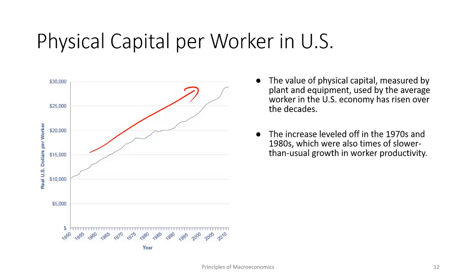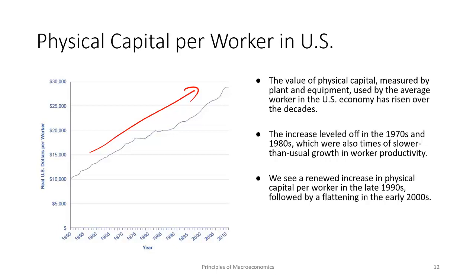However, the increase leveled off in the 1970s and 1980s, which were also times of slower than usual growth in worker productivity. And finally, we see a renewed increase in physical capital per worker in the late 1990s, followed by a flattening in the 2000s.